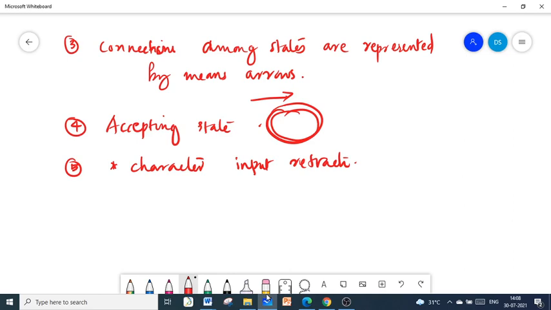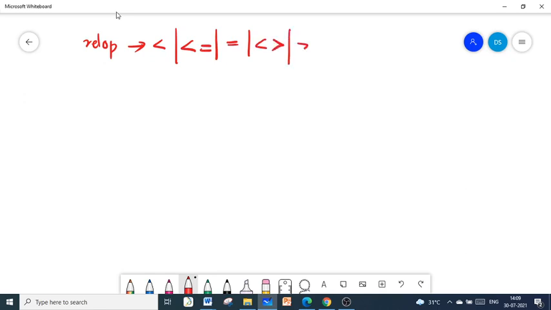So using these components, let us try to draw the given transition diagram. So the regular definition we are given is relop gives less than or equal to, less than, not equal to, and greater than. Okay, so we can give the start state like this.